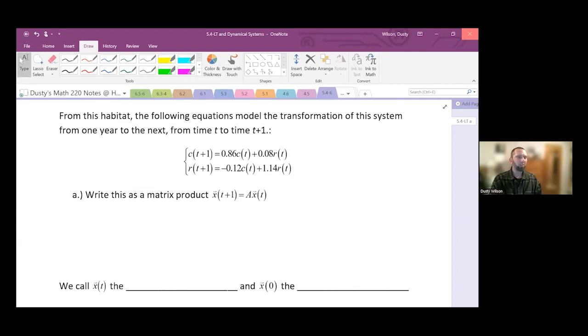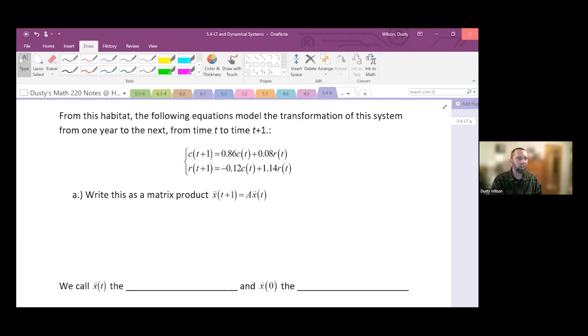From this habitat, the following equations model the transformation of this system from 1 year to the next, from time t to time t plus 1. C of t plus 1 equals 0.86 C of t plus 0.08 R of t, and R of t plus 1 equals negative 0.12 C of t plus 1.14 R of t.